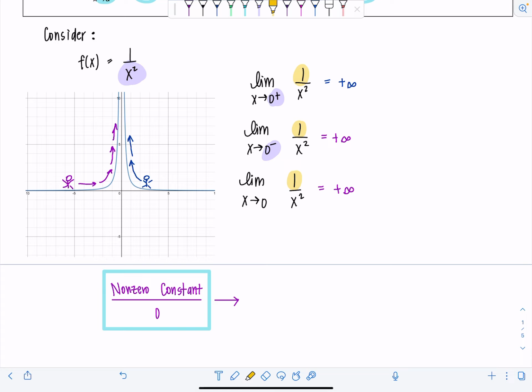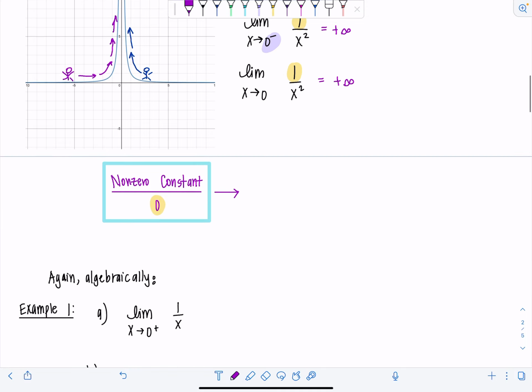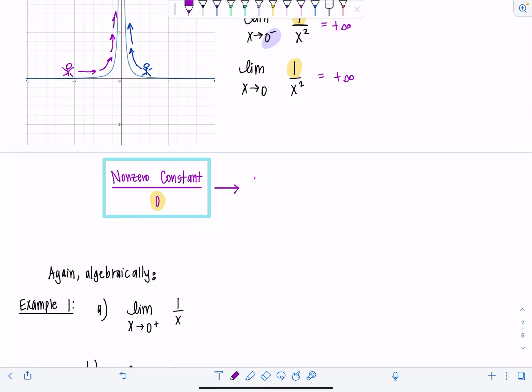Which is not 0, cool. And the denominator is approaching 0, that means your function is going to either approach positive or negative infinity. Or it may not exist, right? If the limit from the left doesn't equal the limit from the right.